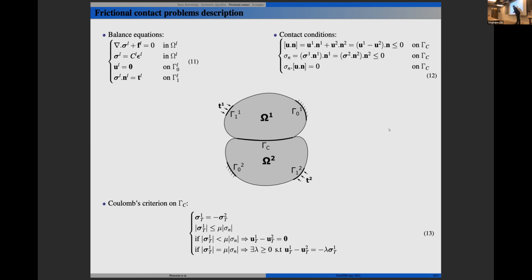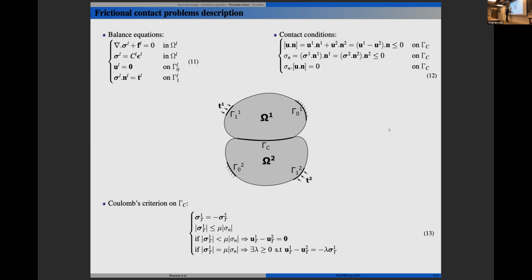And here, in the Coulomb's criterion, we have this inequality. The modulus of the tangential stress vector will always be less than or equal to the coefficient of friction mu times the normal pressure at the contact. For example, if we have a strict inequality at a point, then the two bodies stick at this point.